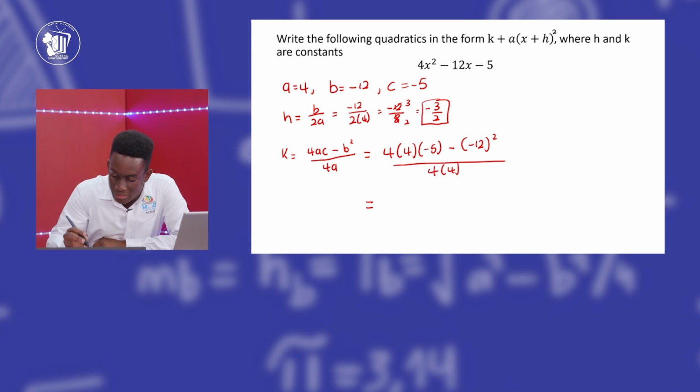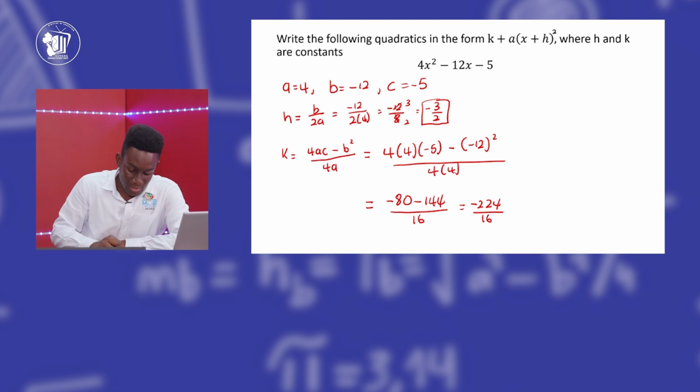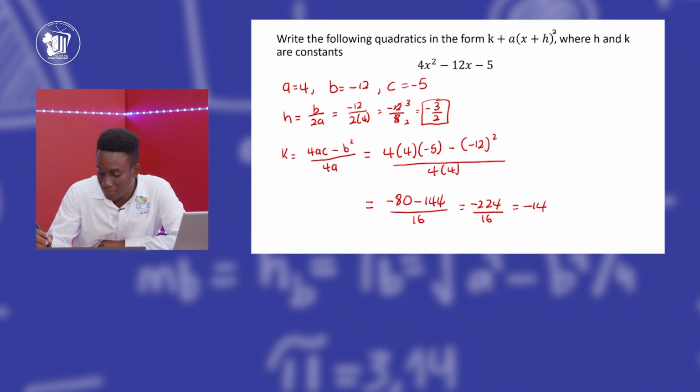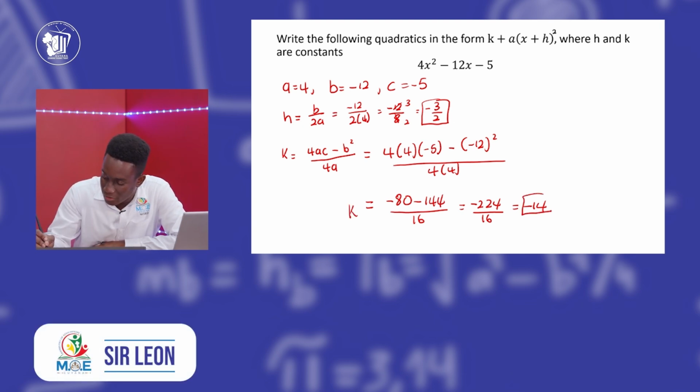So 4 times 4 is 16. 16 times negative 5 would give us negative 80. Subtract negative 12 squared, which is 144, all divided by 16. Negative 80 minus 144 gives us negative 224, all divided by 16. We divide this by 16 and get negative 14. So our value for k would be negative 14.